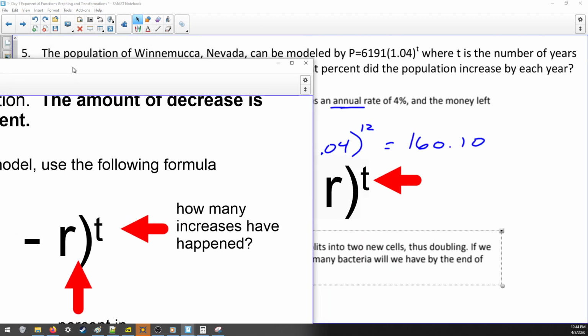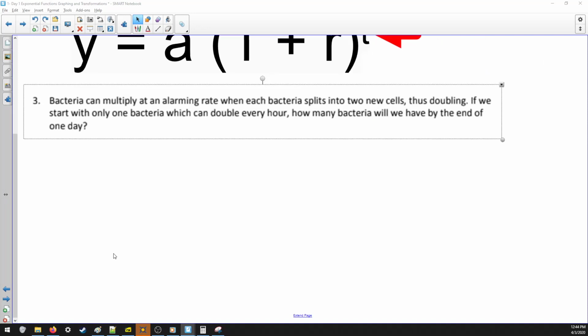If I look at problem number 3, there is no mention of a percent. If you read it, it says bacteria splits into 2 new cells, thus doubling. So the only way they're describing the change is to just say that it's doubling. If we start with 1 bacteria, which can double every hour, how many bacteria will we have at the end of 1 day?